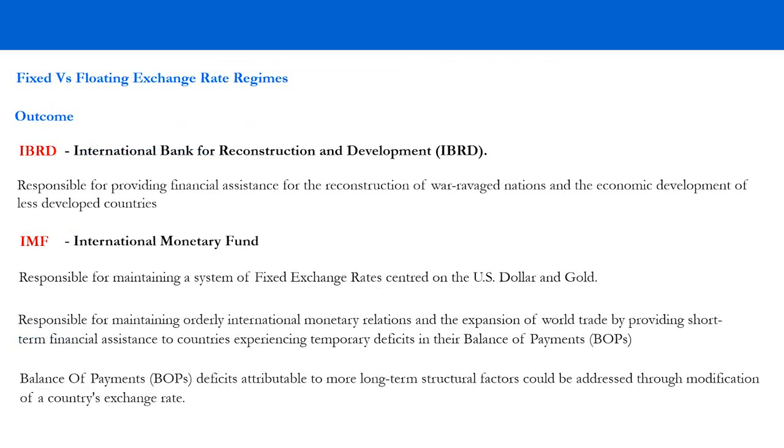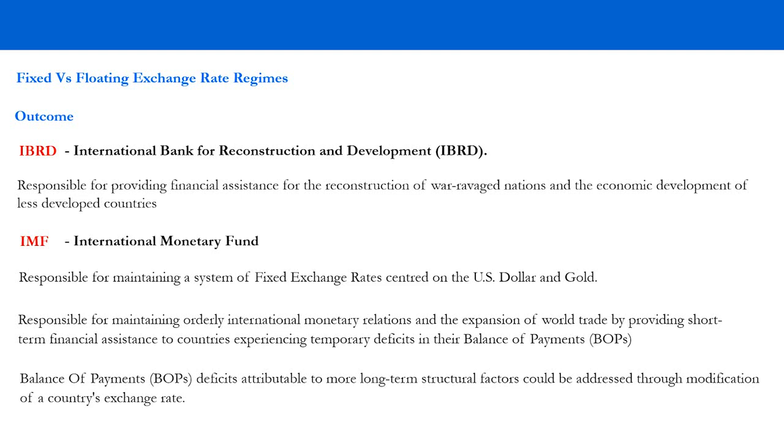So what was the outcome there? Well, the International Bank for Reconstruction and Development, the IBRD, was given responsibility as a body to provide financial assistance for the reconstruction of the war-ravaged, less developed nations. So it was given responsibility for the economic development of these countries. The IMF was given a bit more responsibility.